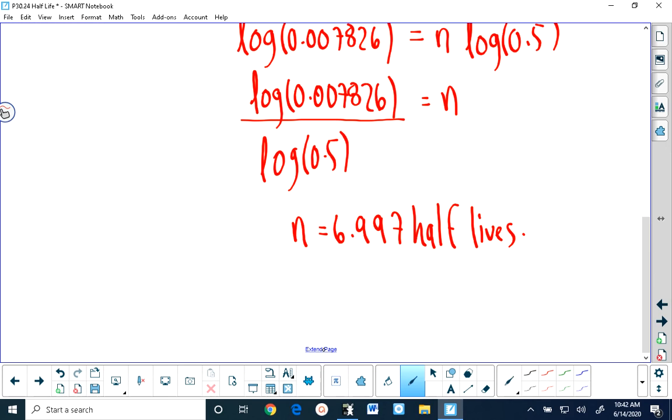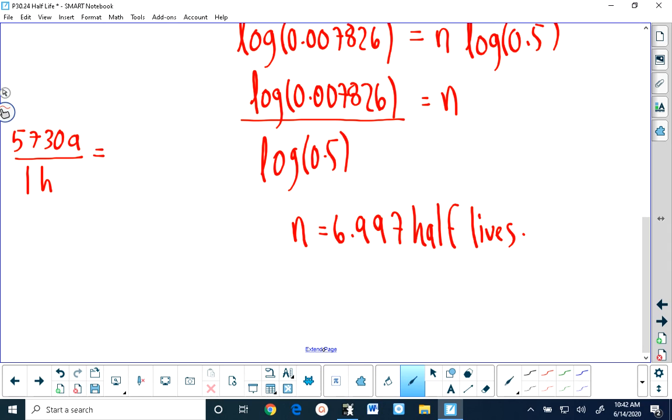And then to find the age of the sample, I know that a lot of you will just want to multiply that number by 5,730 years because that's how much one half-life is. But if you were ever unsure, of course, what you could do is you could say by way of a ratio, 5,730 years is 1 half-life.